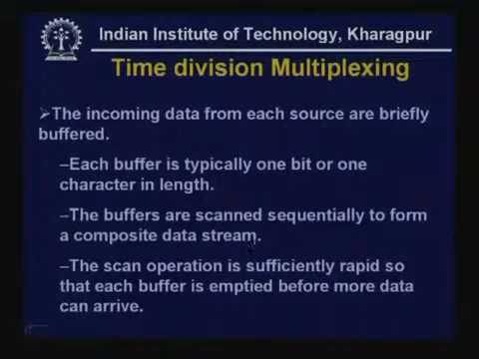Then the buffers are scanned sequentially to form a composite data stream. So, we can say that the scanning is done one after the other from different signals from the different buffers to form a composite signal. The scan operation is sufficiently rapid so that each buffer is emptied before more data can arrive.